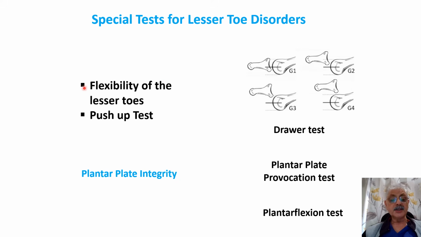For flexibility of the lesser toes, a push-up sign is used, and for the plantar plate integrity, commonly the draw sign is used where the proximal phalanx is translated dorsally in relation to the metatarsal head, and this translation is graded according to the amount of the translation which we can achieve while performing this test. The other common tests used are the plantar plate provocation test and plantar flexion test.